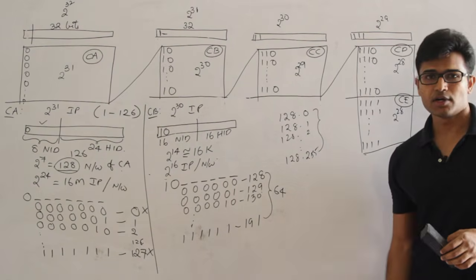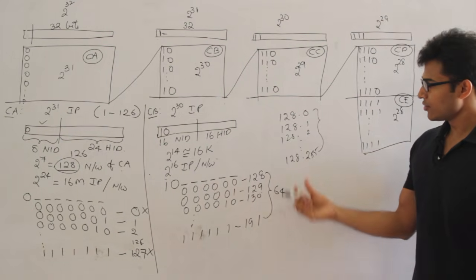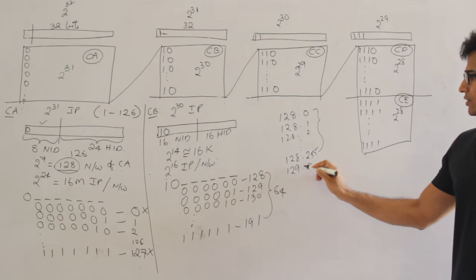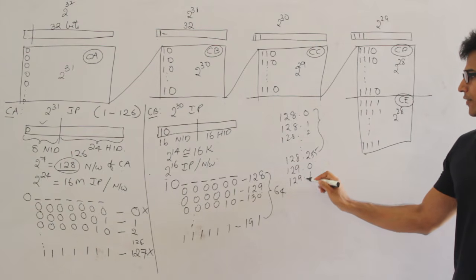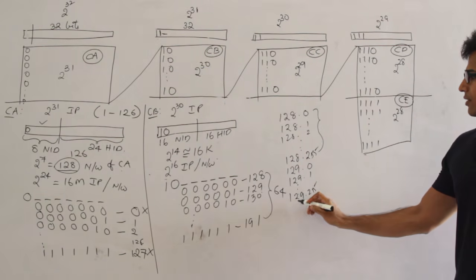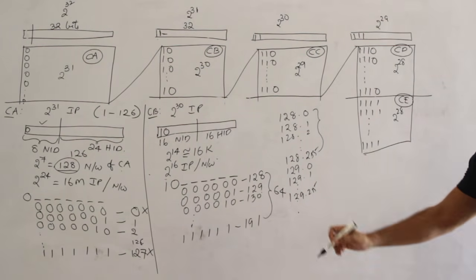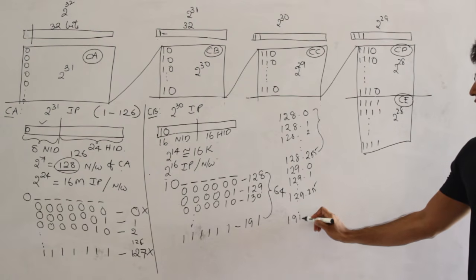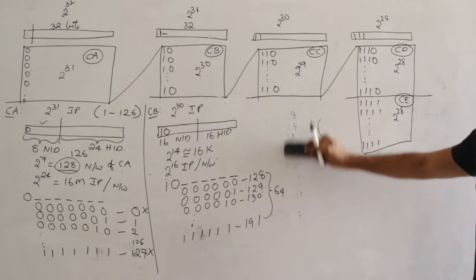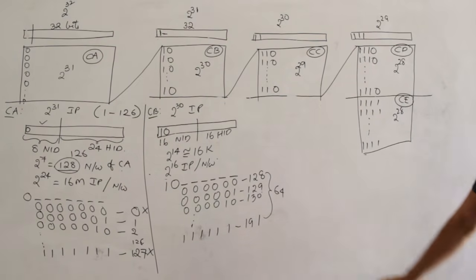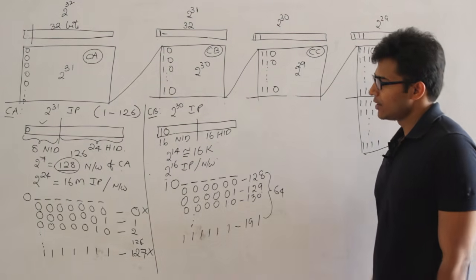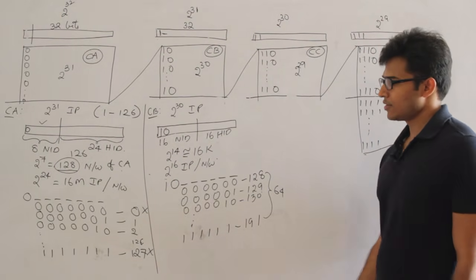Therefore the total number of networks is 64 into 256. The next one is 129.0, 129.1, and so on up to 129.255. The last one is 191.255. Therefore we have 2 power 14 networks, and each network contains 2 power 16 IP addresses.